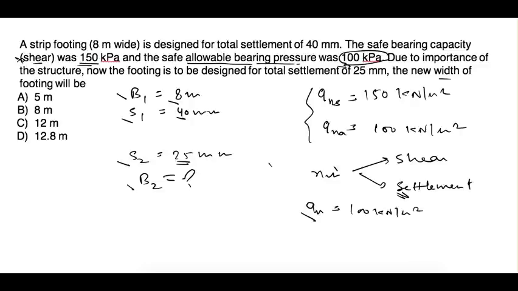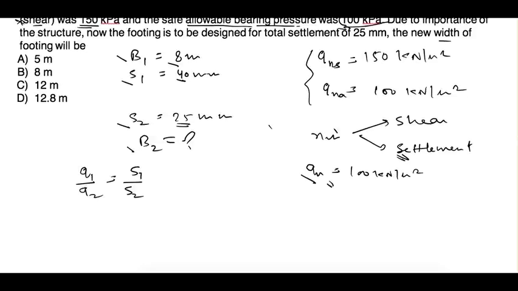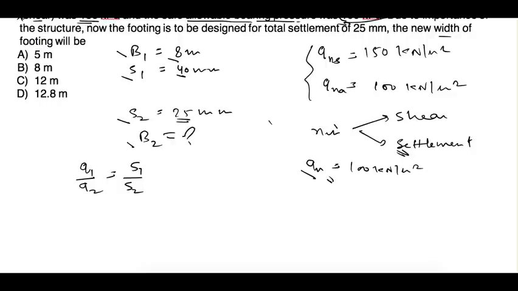So if the settlement is going to be this much, then what is the allowable pressure on the soil? That we can simply find by this relation, that is Q1 upon Q2 is equal to S1 upon S2.